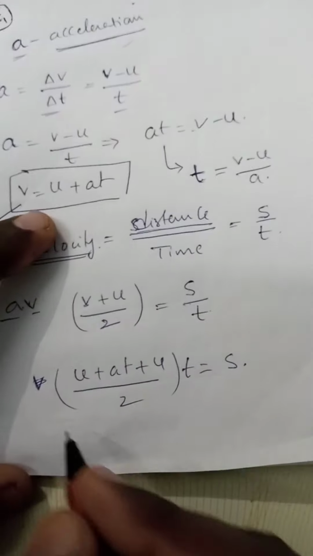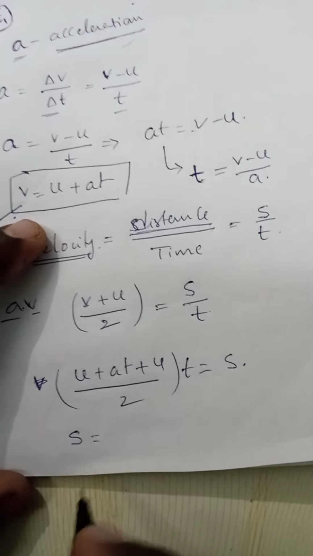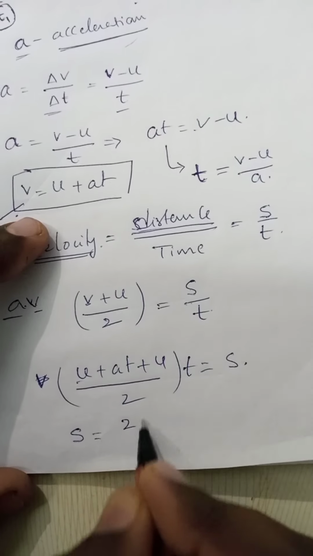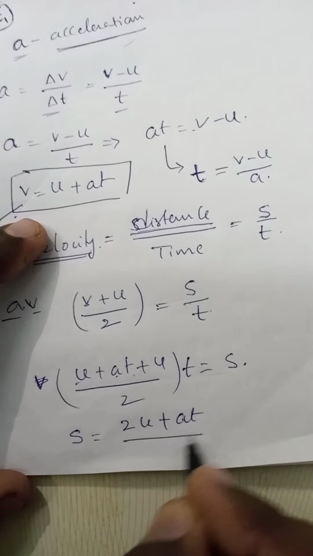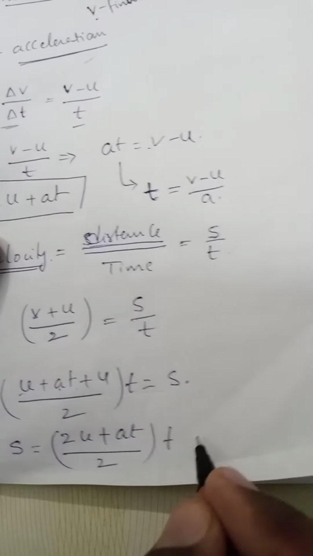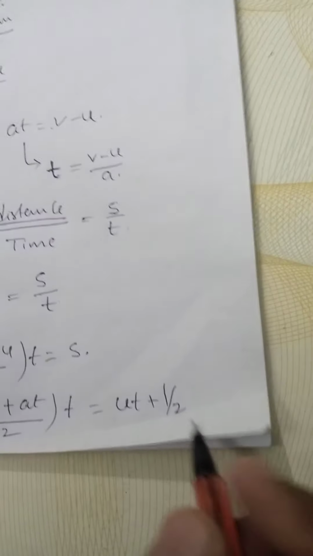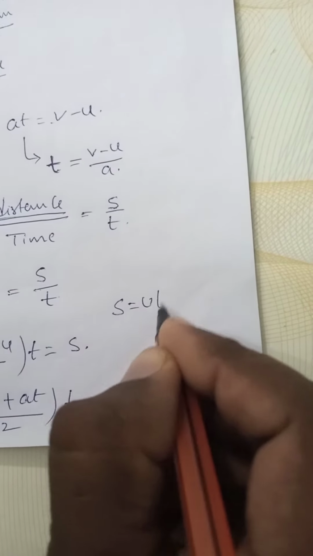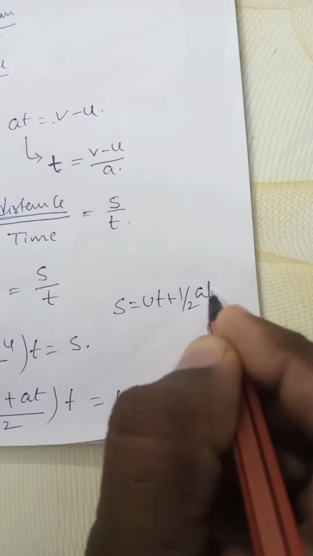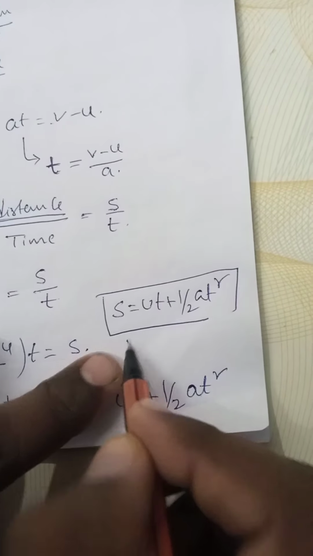This is s. From this equation we write s equal to (2u plus at) by 2 into t. So finally we get s equal to ut plus half at square. This is the second kinematic equation.